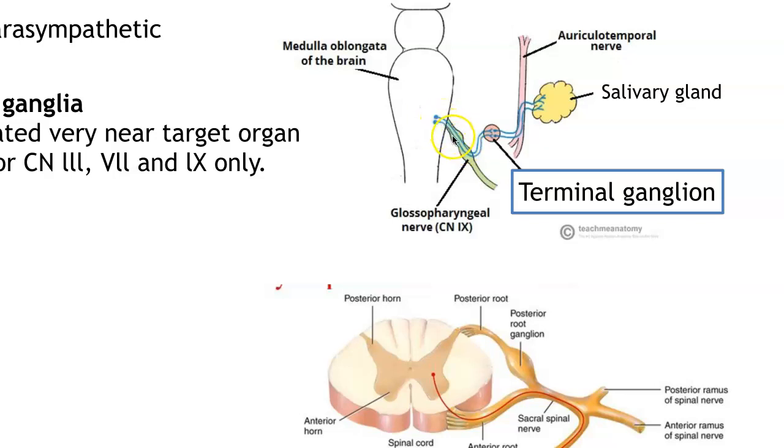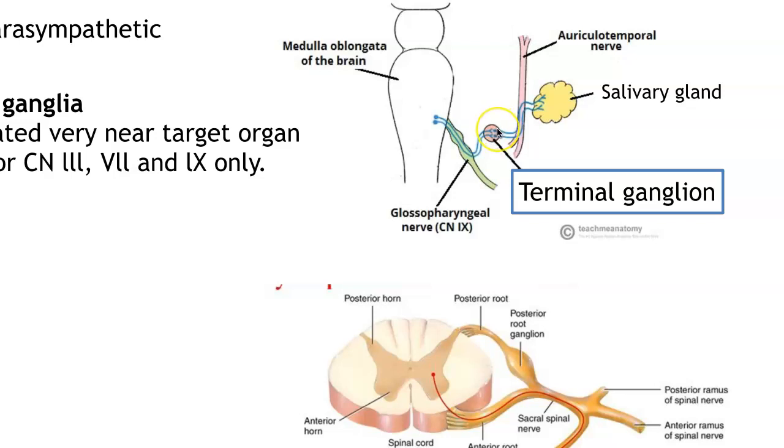So these parasympathetic nerve fibers are going to be traveling with the glossopharyngeal nerve, and then they leave the glossopharyngeal nerve and synapse. In the ganglion, they're going to find the second visceral motor neuron cell body. You're just going to call it a terminal ganglion.